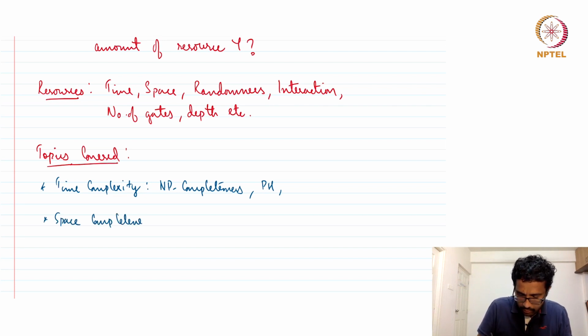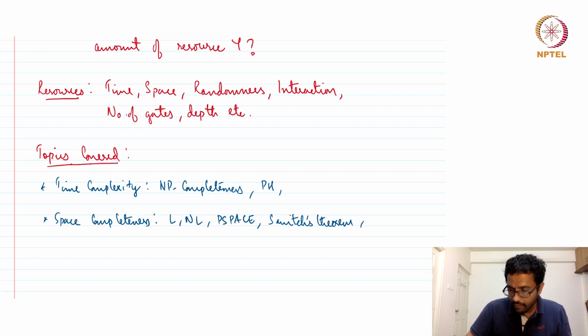There we saw complexity classes like L, NL, PSPACE-completeness, and so on. We saw results such as Savitch's theorem, then the result of NL equal to co-NL, which was the Immerman-Szelepcsényi theorem. This is roughly the highlights of what we saw in space complexity.